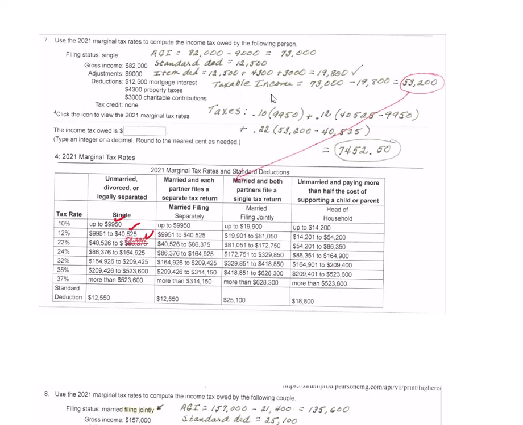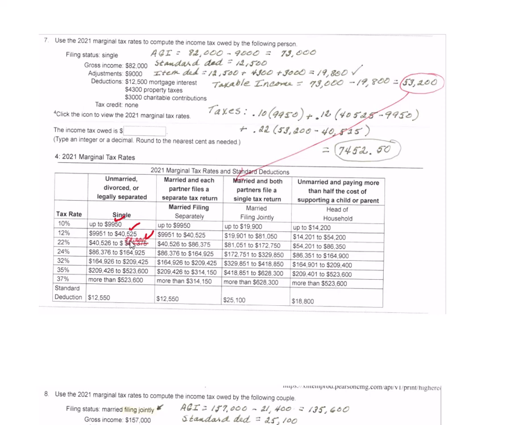My taxable income, now this is what I did in the first few questions, is my AGI minus, in this case, itemized deductions, for $53,200. That's my taxable income. Look at the chart. 53,200 would fall in this category.